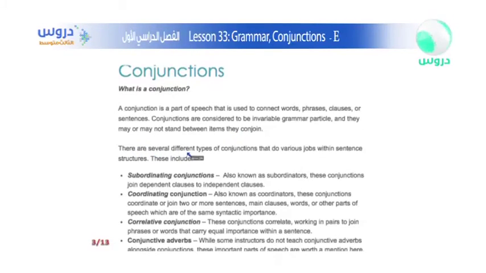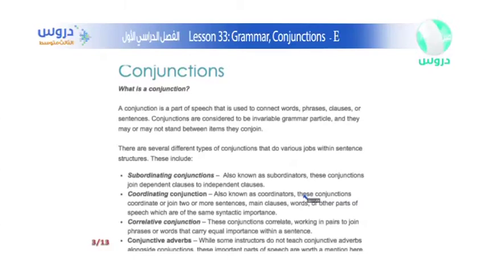There are several different types of conjunctions that do various jobs with sentence structures. These include subordinating conjunctions, also known as subordinators. These conjunctions join dependent clauses to independent clauses. Coordinating conjunctions, also known as coordinators.